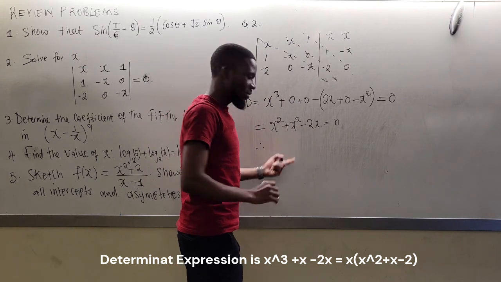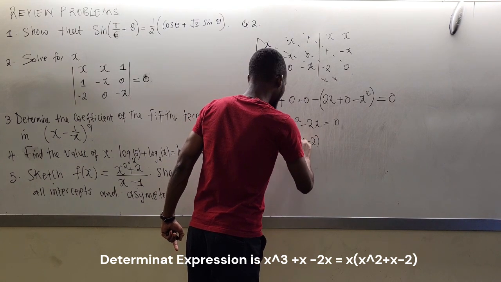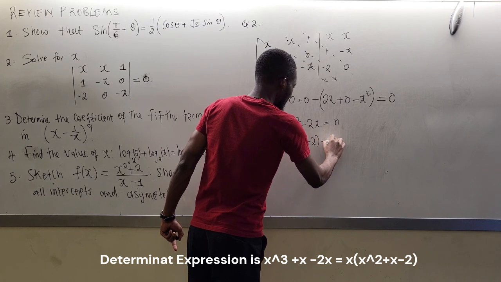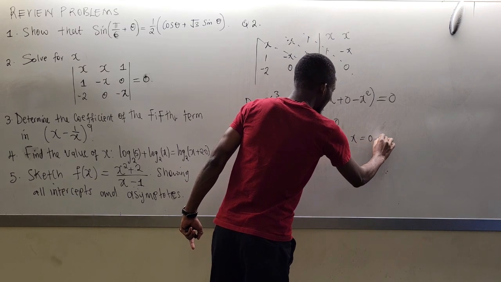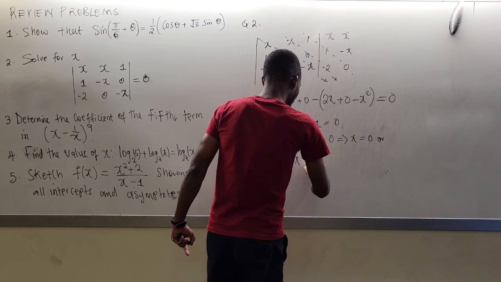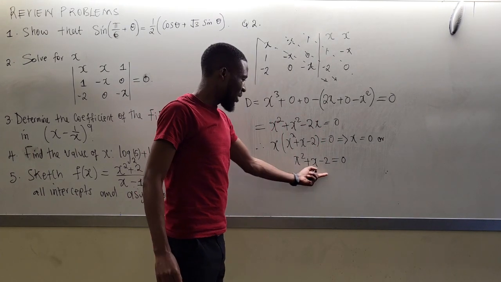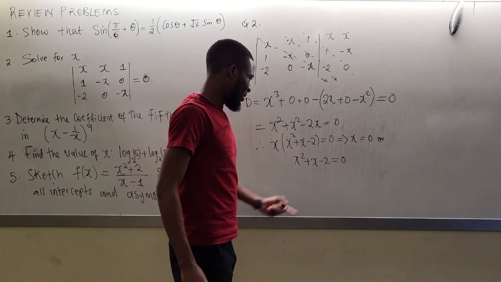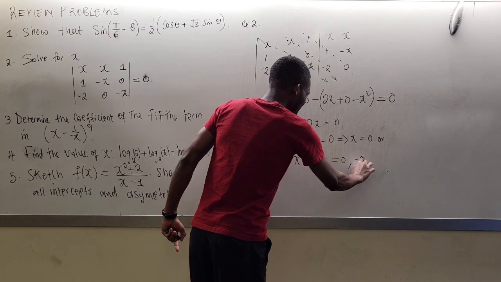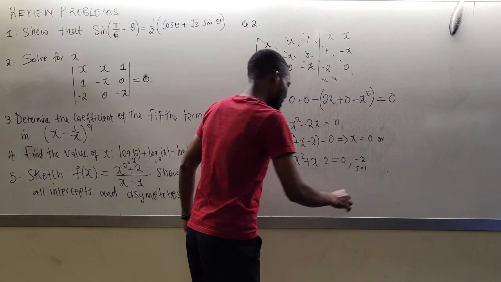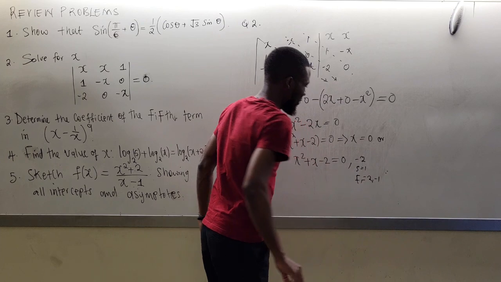Therefore, we can factor out x here. This is x times x squared plus x minus 2 is equal to 0, which implies x is equal to 0, or x squared plus x minus 2 is equal to 0. Now you can easily factorize this. We know that the product here is negative 2, the sum is 1, and the factors are 2 and negative 1.